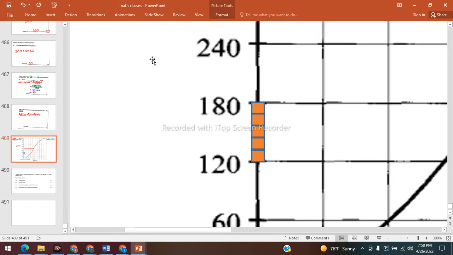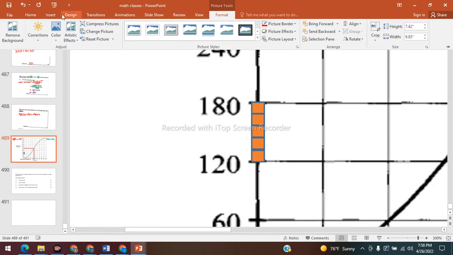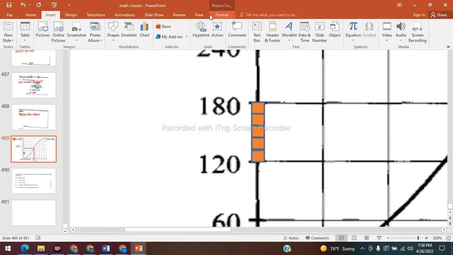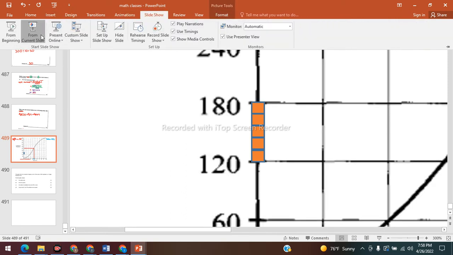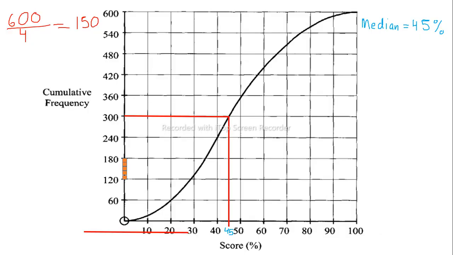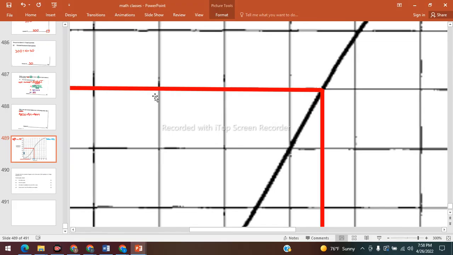Okay, good. So now we number them. Put on slideshow. Voila. Well, boy.